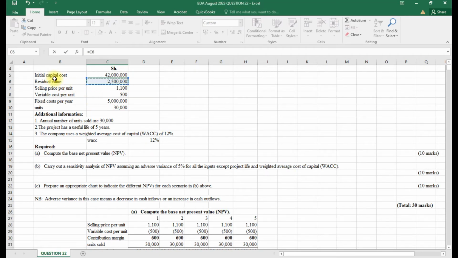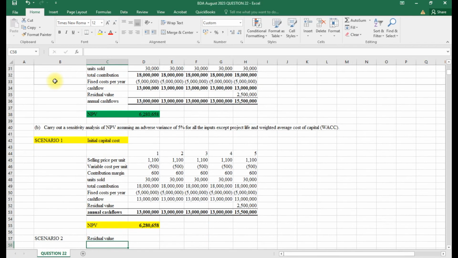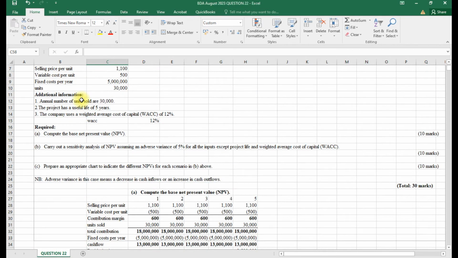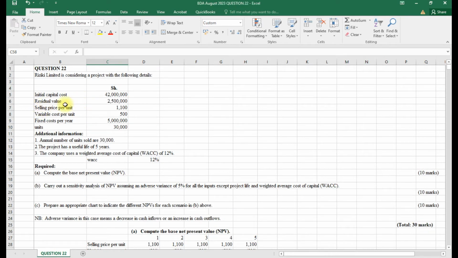What will happen? Residue value is an inflow, so it will reduce because it's an inflow. First put an equal sign here for the residue, and adverse means it will reduce to 95%.